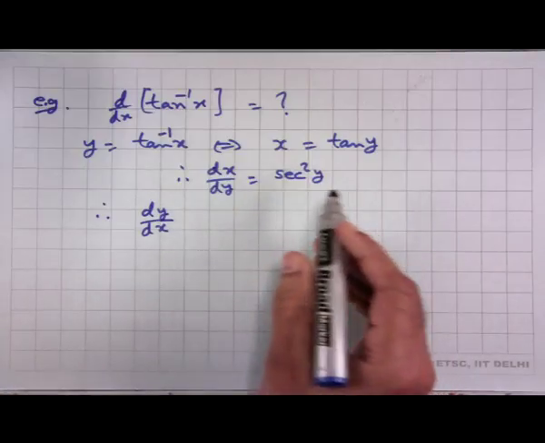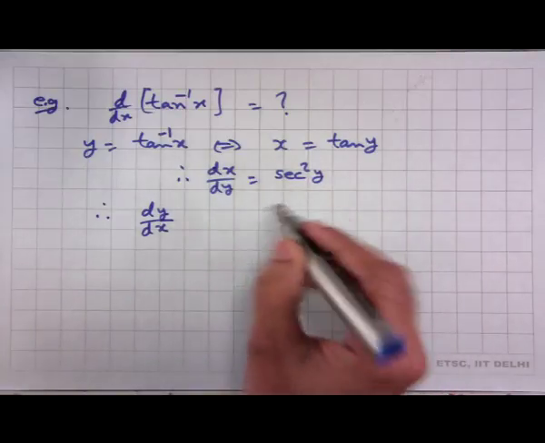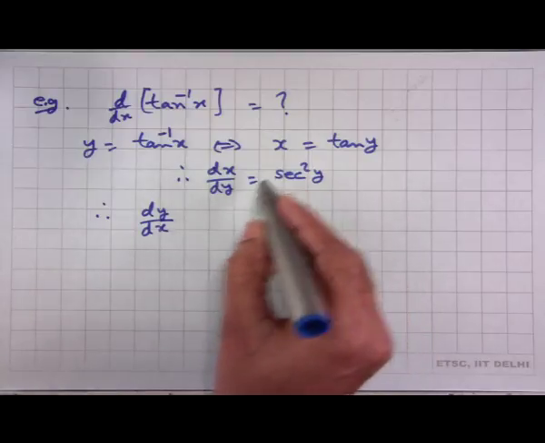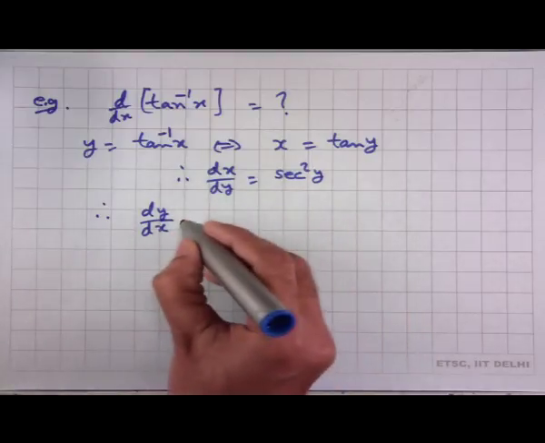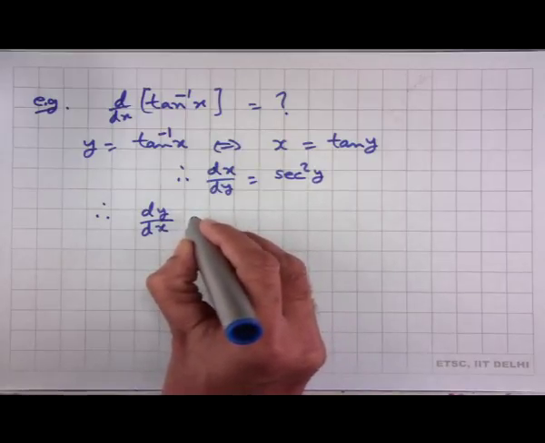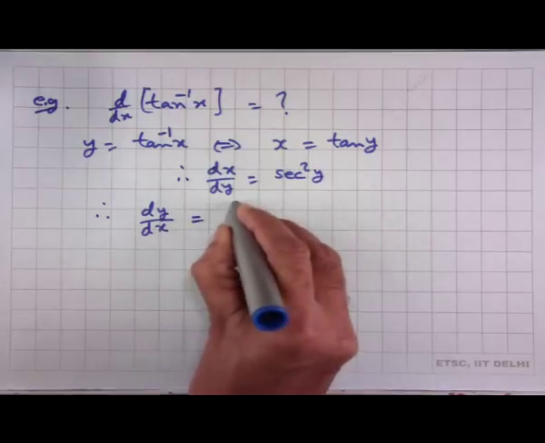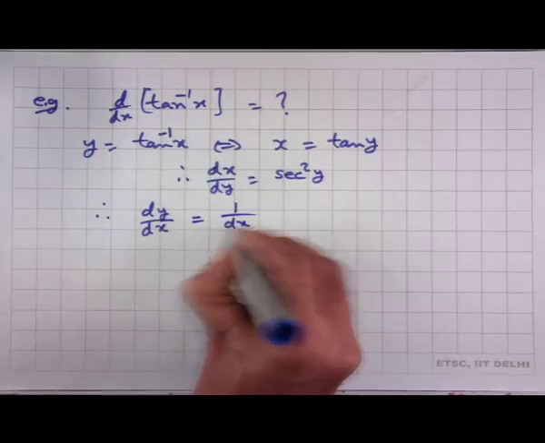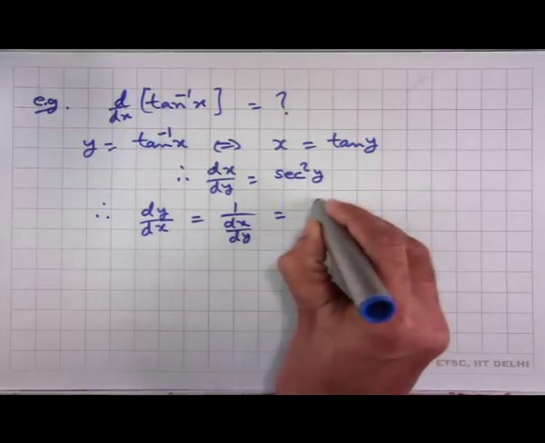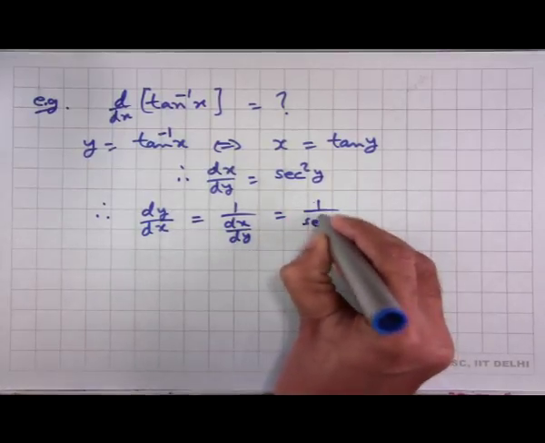note that by chain rule, this is equal to 1 by dx dy, and this is equal to 1 by secant square of y.